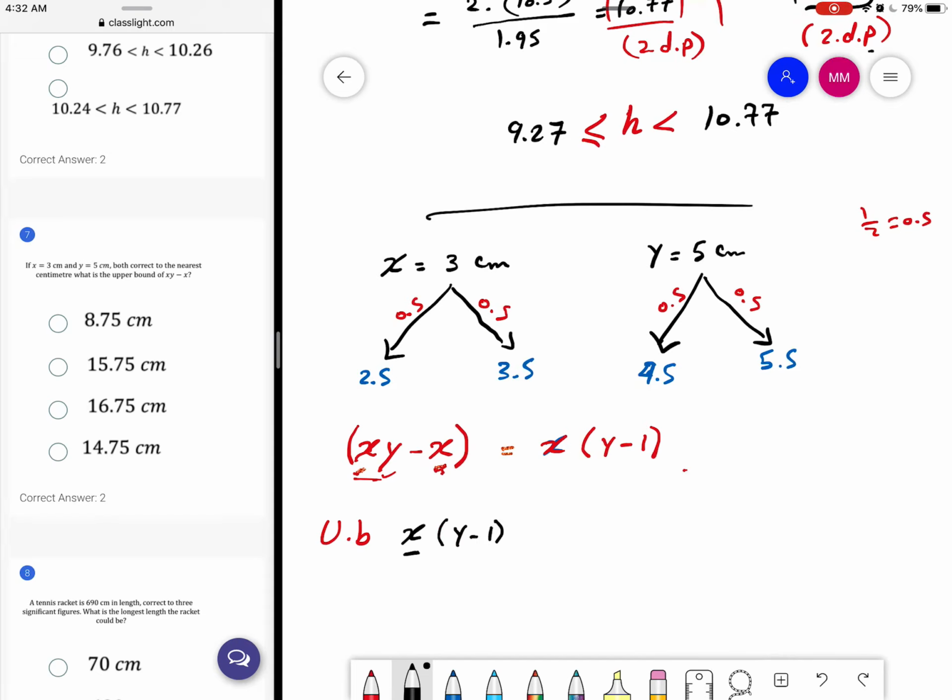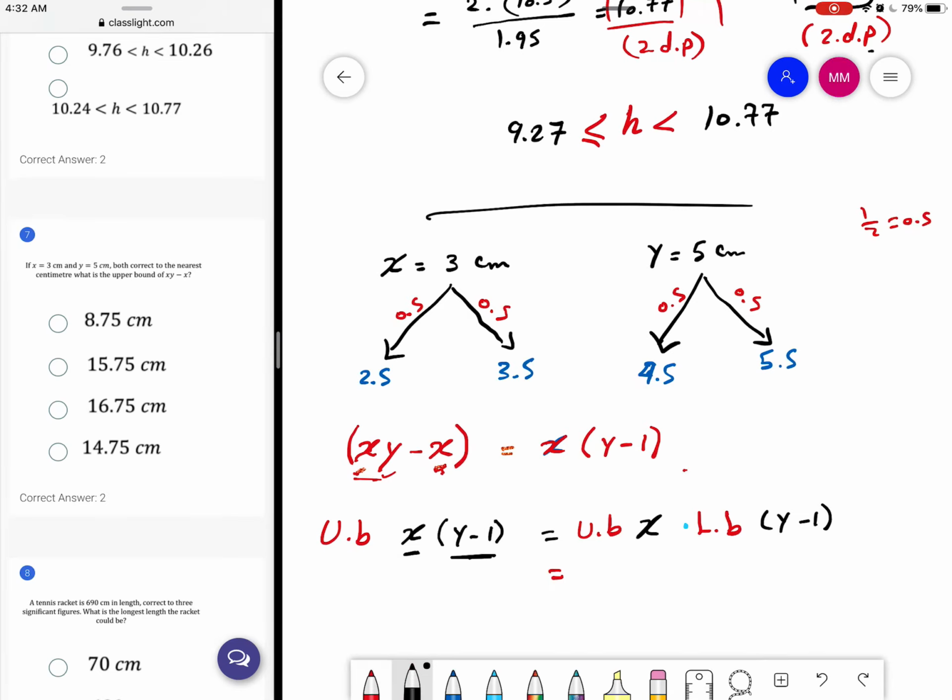It's this x multiplied by this bracket, and the upper bound means upper bound of the first one, so upper bound of x minus upper bound, lower bound, sorry, wait, it's multiplication. So upper bound of x multiplied by lower bound of y minus 1.